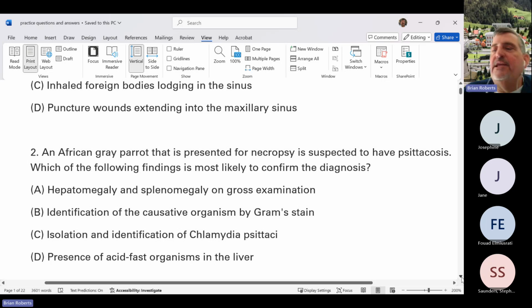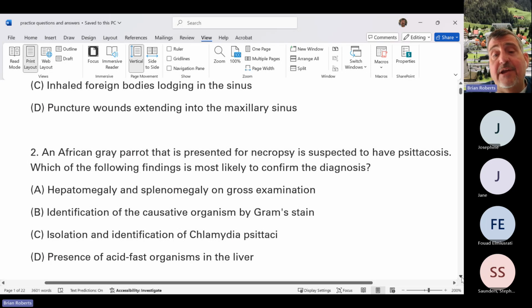Just looking at these distractors, only one of them actually has an infectious agent listed. The rest of these, hepatomegaly and splenomegaly, I don't remember avian medicine that well, but I know that a lot of stuff they run into causes that.